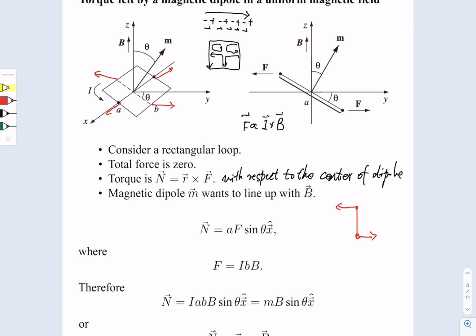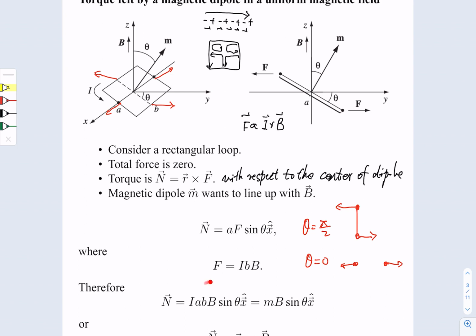So in this case, the torque will be in an extreme position like this, where theta equals pi over 2. If you set theta equals 0, then that's the case where this m direction is parallel to the B direction. In this case, the total torque will be 0. So I believe that should explain this torque formula.